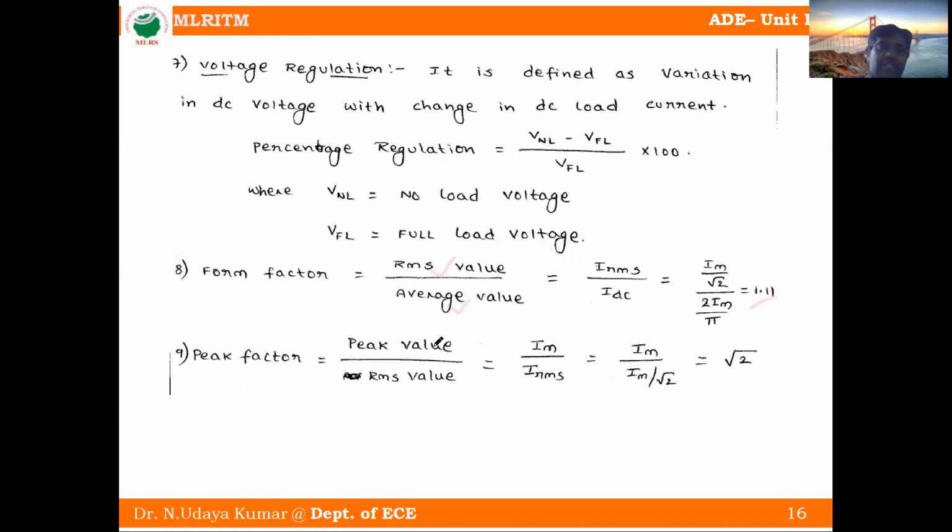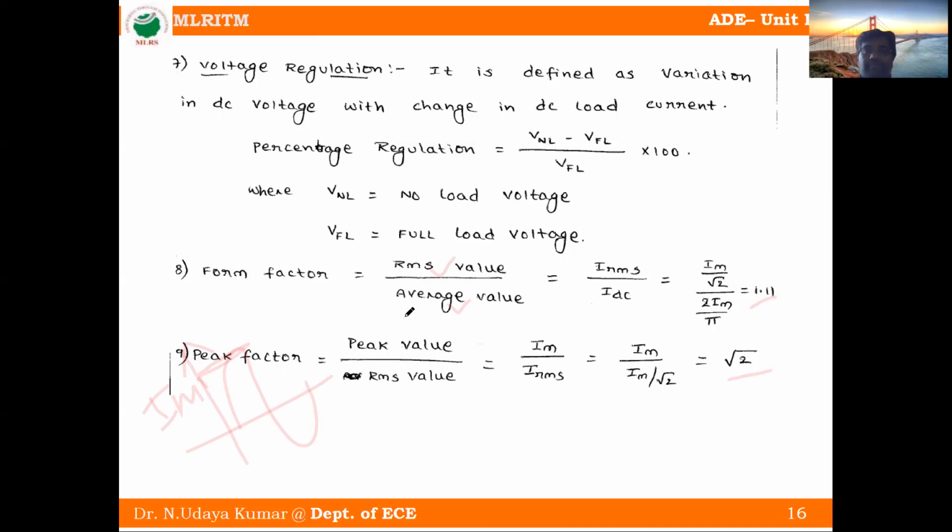Whenever a signal is there like this, this is called the peak value. If it is a current wave, Im is the peak value. If it is a voltage, Vm is the peak value at the positive side. So Im by root 2, we will get root 2. Okay, this is the full wave rectifier with center tapped transformer.